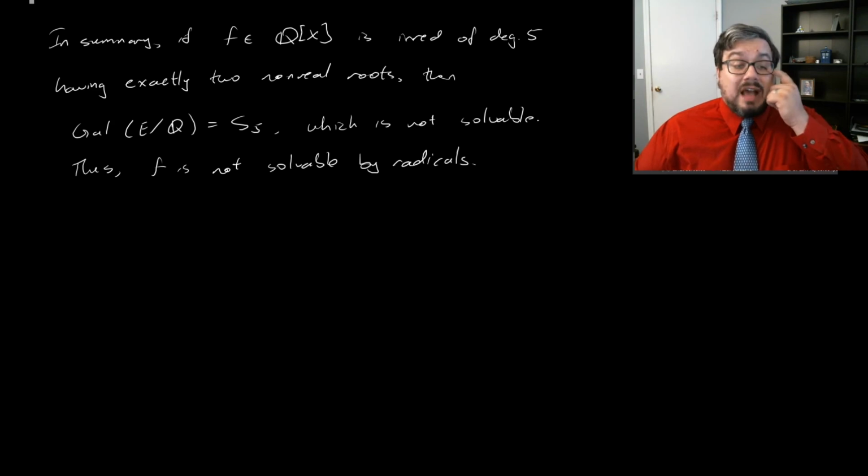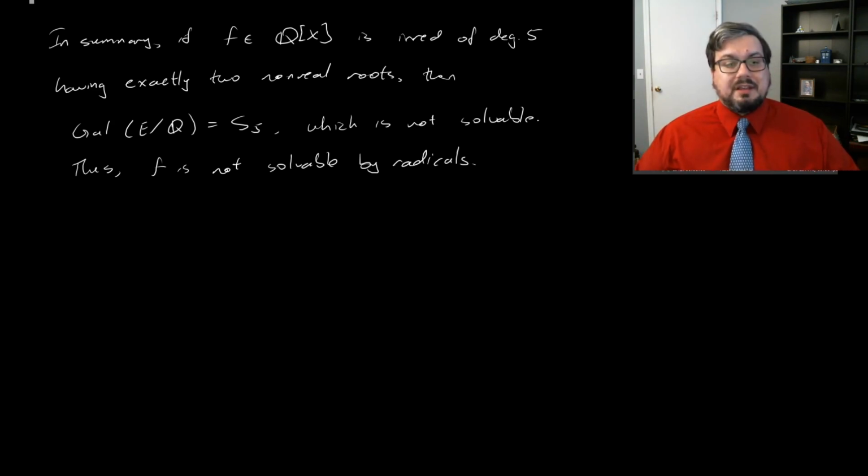Now, it's actually not too hard to come up with polynomials that have this property. Eisenstein's criterion is a really good way of coming up with irreducible polynomials. And then you can go from there to make sure that they have exactly 2 complex roots. The easiest way to do that, of course, is to show that they have exactly 3 real roots, because a polynomial of degree 5 must have a total of 5 complex roots.